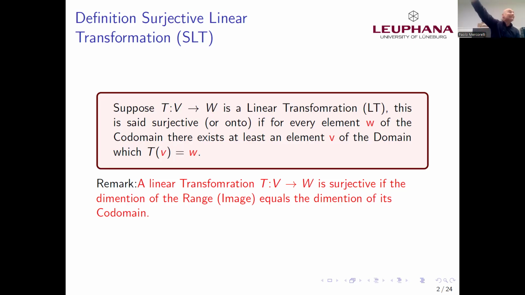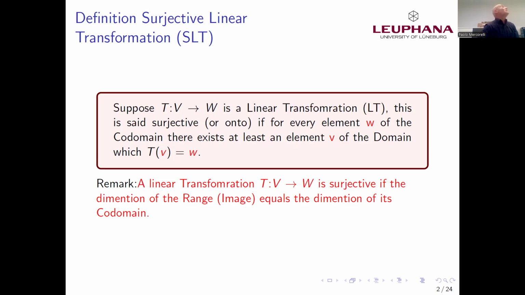But the last sentence here, this remark, we already discussed. Because as I told you, if the range or image, I like image better, right? equals the dimension of the codomain, this means it's surjective because the image, the projection, covers everything.